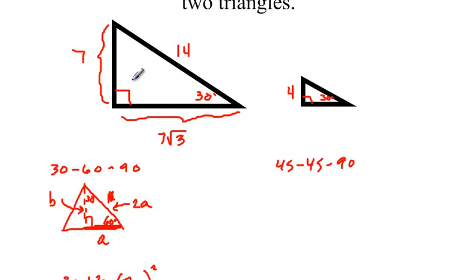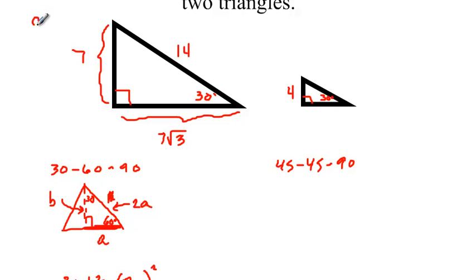You could use the Pythagorean theorem there, but the area of this triangle is now going to be the base times the height divided by 2. And right here, we can call this our base, 7 radical 3 times our height of 7, right? So the area here will be what?